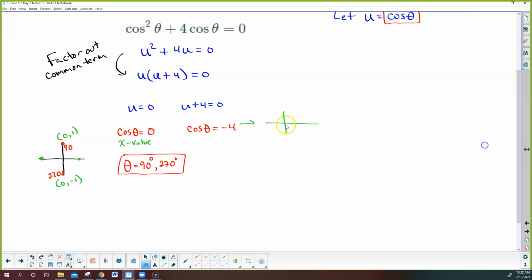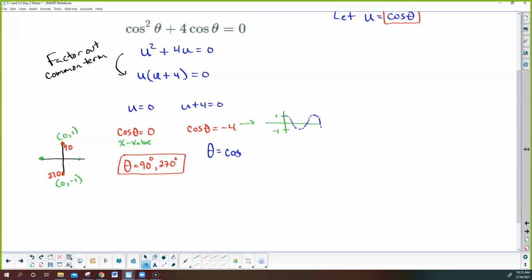Remember the graph of cosine? Since this is just a cosine and there's nothing in front, the highest or the lowest cosine will go is -1. And we know cosine is going to look like this. So the answer here does not exist.